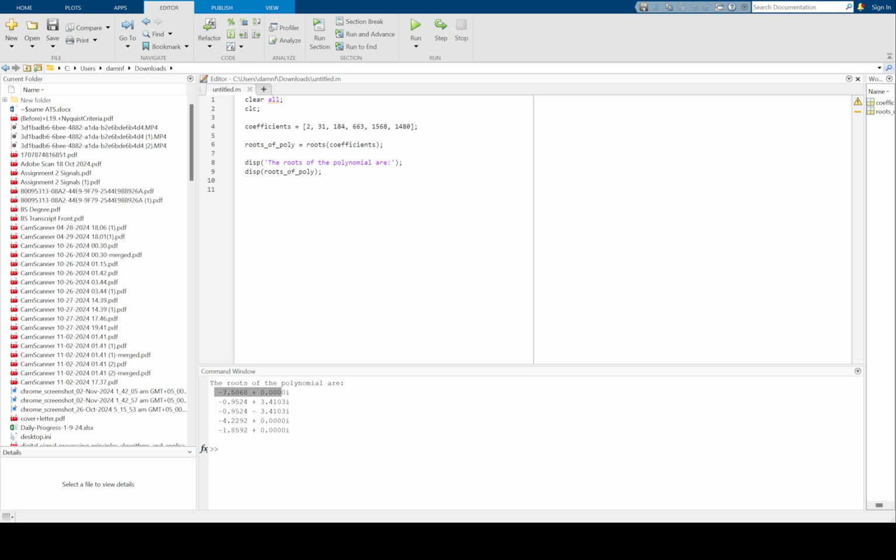So let me first write the roots that we obtained from MATLAB.